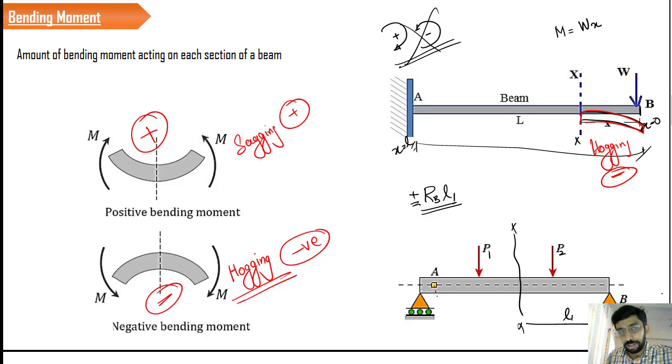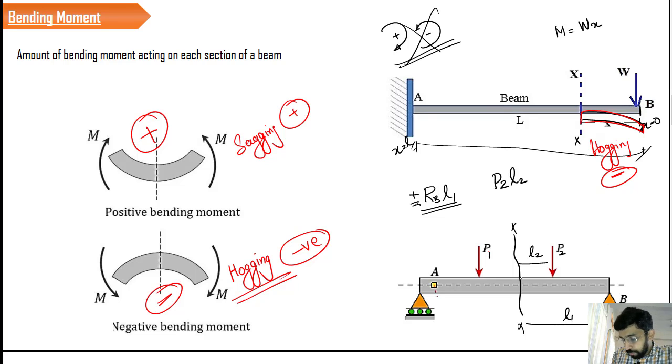We have eliminated RB. Now we have to consider P2. What is the magnitude of the effect created by P2? Let us say the distance is L2. So the moment created by P2 is nothing but P2 into L2. Now we have to give a sign for this. How is P2 going to bend the beam?